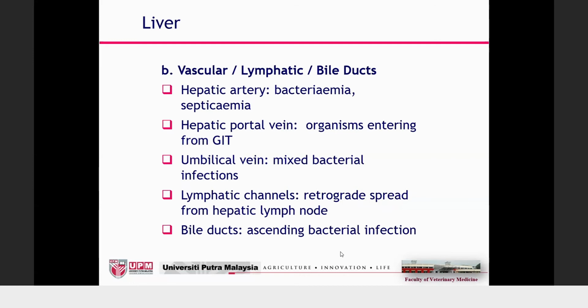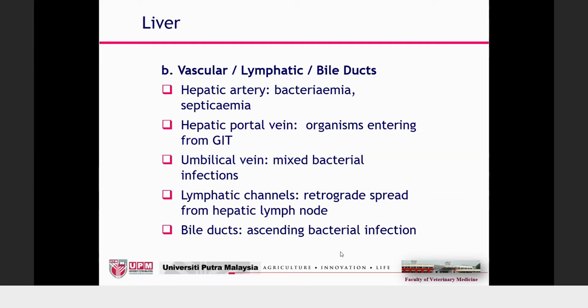If this agent and toxin go to the hepatic artery, most systemic infection could lead to disturbances in hepatic function, meaning that they can lead to formation of lesions because they are systemic. Most of the blood will go into the kidney and into the liver.